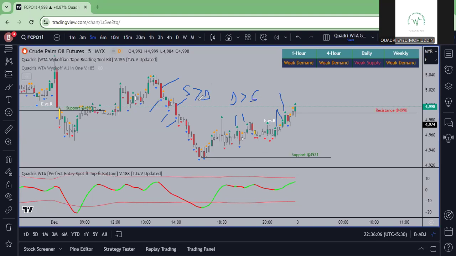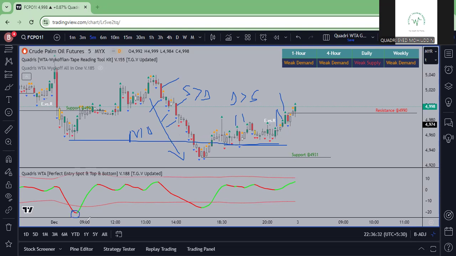Whenever supply is greater than demand, as per Wyckoff, we expect a downtrend, normally referred to as markdown. If demand is greater than supply, and whenever the supply is coming price is not going anywhere, that means it is holding a certain level. The level was this one.